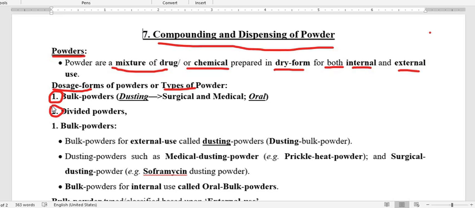Bulk powder means there is no division of the dosage, so that is why it is called bulk powder.